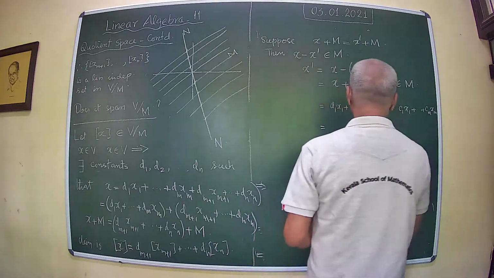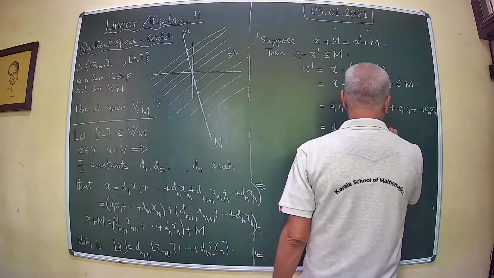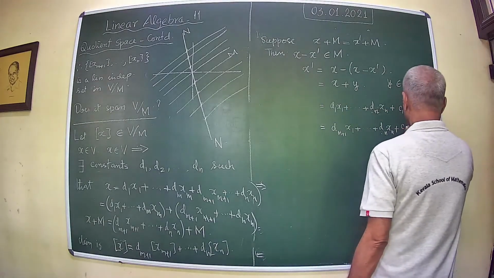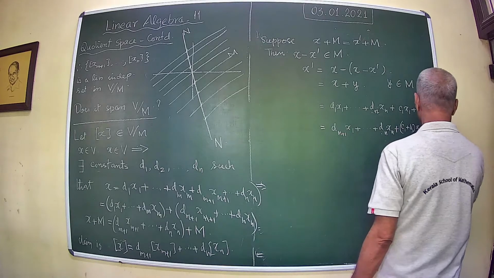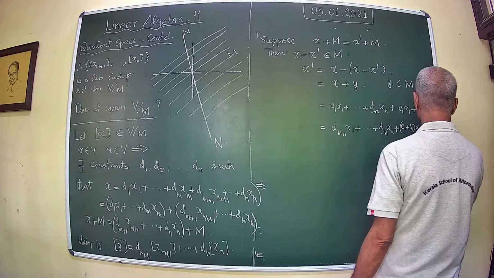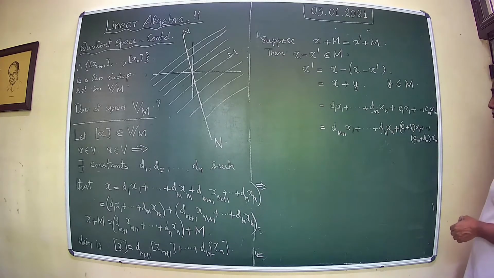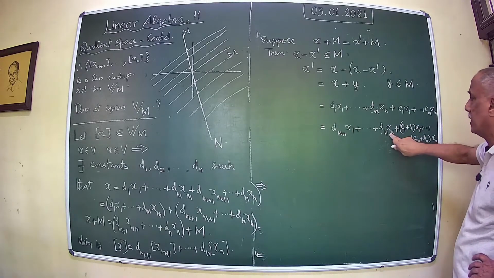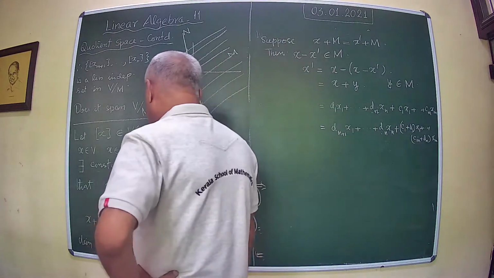Therefore, this is equal to dm plus 1 x1 plus c1 plus d1 x1 plus etc. cn plus... Therefore, the coefficients of x1, x2, etc., xn in the representation of x prime are the same as the representation that you have in x.